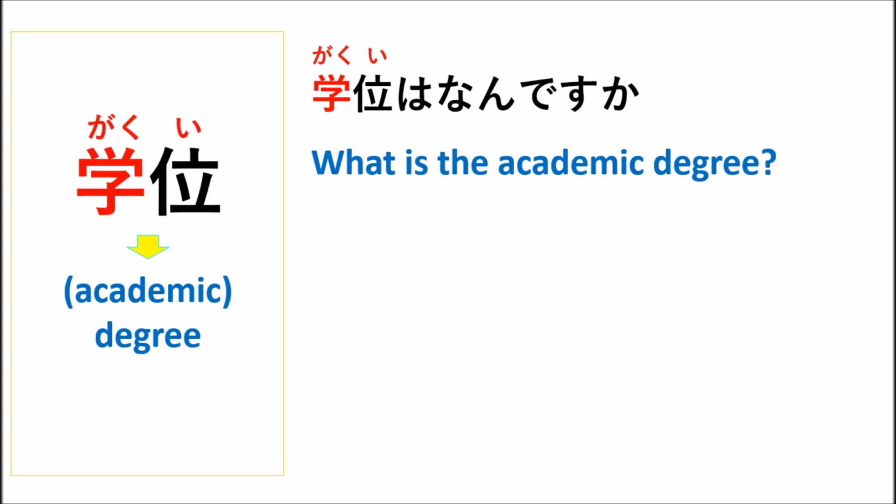So 学位 means the level of the school. But if you graduate from the master, it means 大学院. 大学院 means master. So if you say 学位は大学院です, it means you graduated with a master's degree, not a university degree.